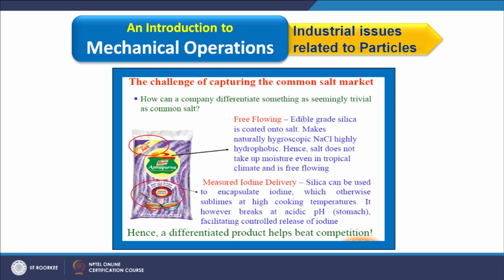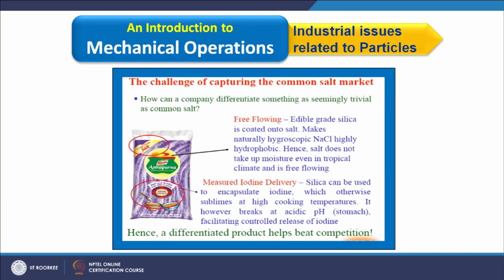Now, how do we make the salt free flow? Before speaking on this, let me consider one example from my childhood: when we took salt in a bowl or some container and put it on the table, it captured moisture and became sticky.